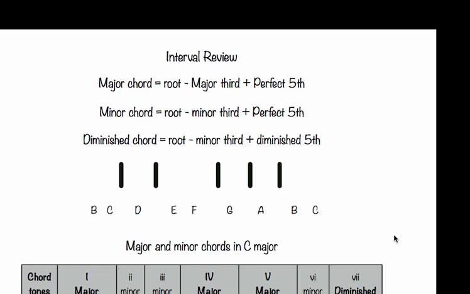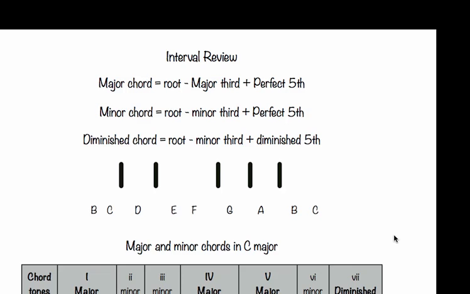The third and the fifth are intervals above the root of the chord, and a major third above the root results in a major sounding chord. All of the major and minor chords also have a perfect fifth, which we've determined is 3.5 steps. Major third, 2 whole steps. Minor third, 1.5 steps.